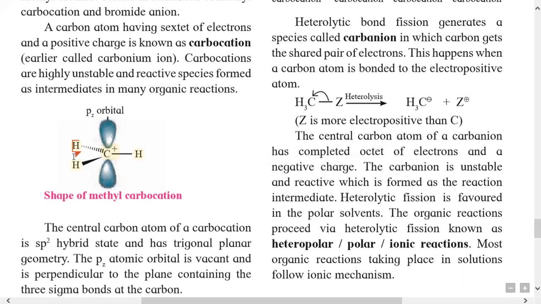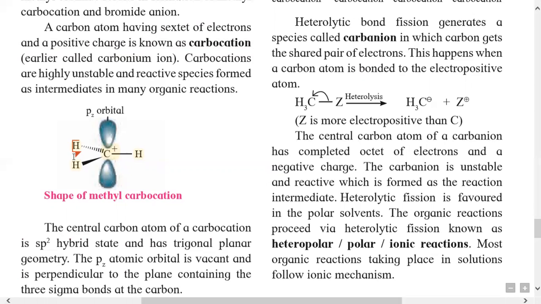The bond which is a dark line or wedge bond is above the plane of the carbon. And the bond shown with a dotted line is present below the plane of the carbon.